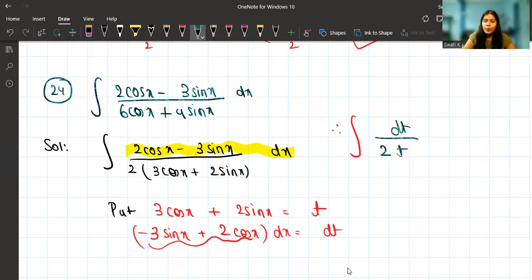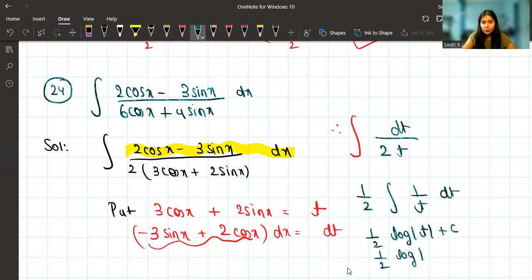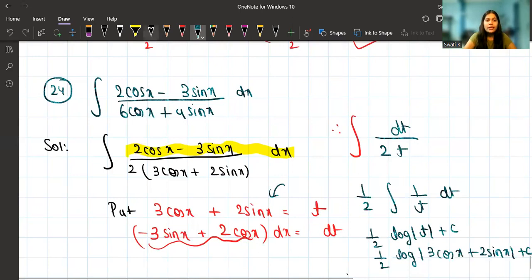So 1 upon 2 outside, then we have just integration of 1 upon t dt, and integration of 1 upon t, we all know it is log mod t plus c. So it is simply 1 upon 2 log mod t. T we have substituted here: 3 cos x plus 2 sin x and then plus constant of integration. So that is your answer.